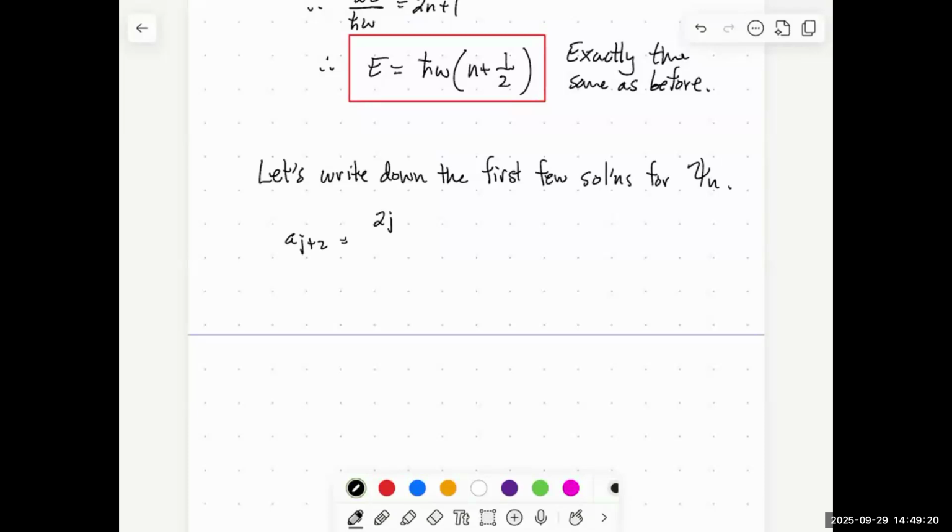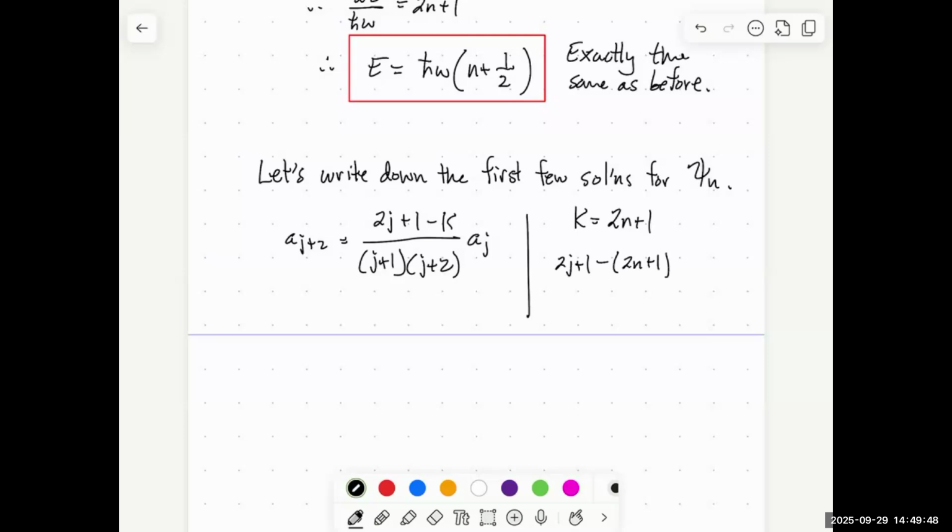So it was (2j + 1 - k) over (j + 1)(j + 2), all multiplying aj. But now what we're going to do is say k is equal to 2n + 1. So that means 2j + 1 - k is 2j + 1 - (2n + 1).